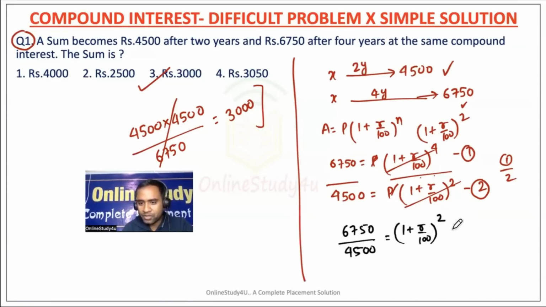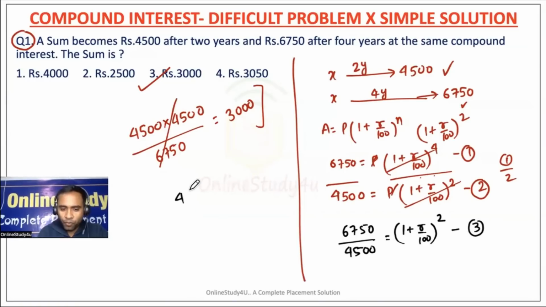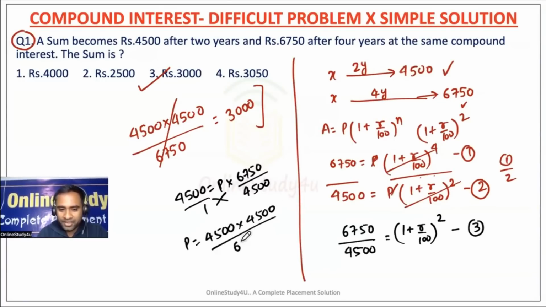Now put equation 3 in equation 2. So 4500 equals principal into the value of (1 plus r by 100) squared, which is 6750 divided by 4500. Now cross multiply. So the principal becomes 4500 into 4500 divided by 6750.